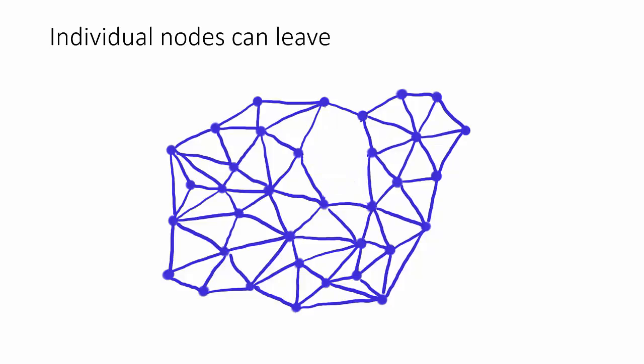This has consequences for the communication between nodes. Where A and B used to be able to connect via the now missing node and only take 2 hops, they now have to take more hops, but they can still communicate.